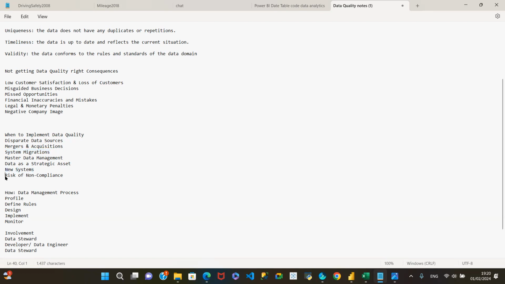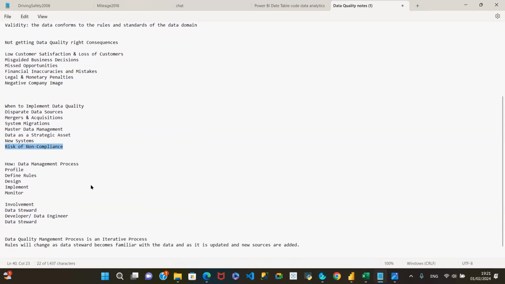And then when you notice that there's a risk of non-compliance, maybe the way we collect our data changes from a very organized way to something that's become manual, then there's a risk of data quality dropping its standards. So there's a need for us to actually implement it then.